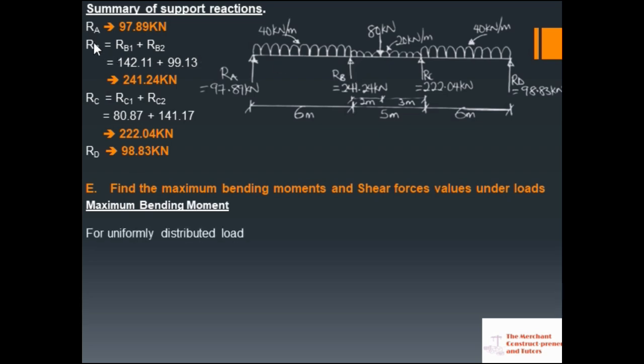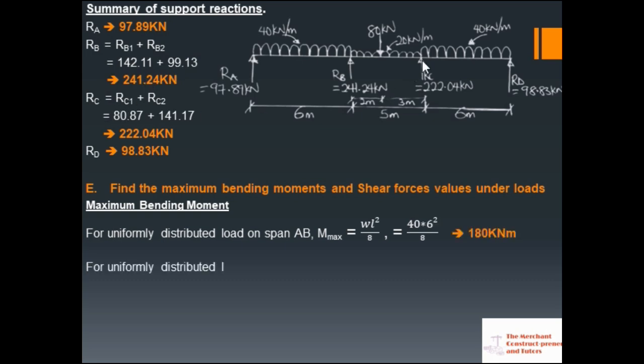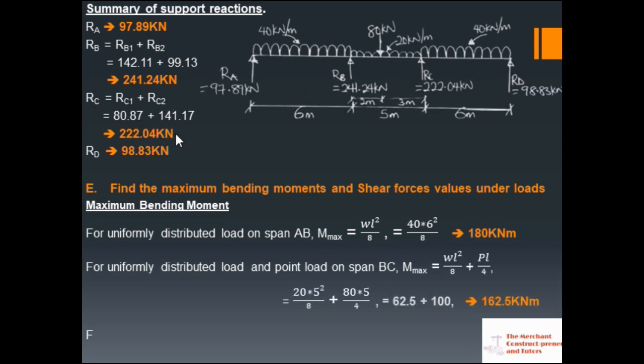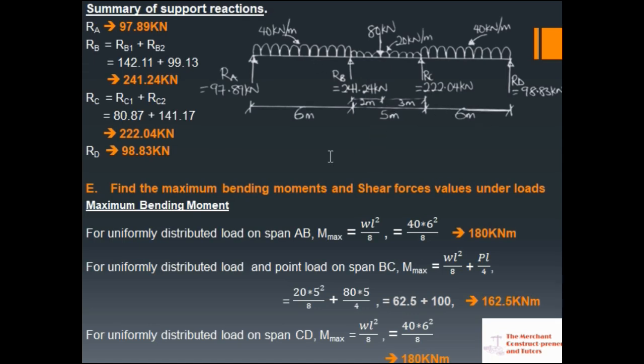So the reaction at B is RB1 plus RB2. RC, the same thing. RC1 is towards B, RC2 is towards D. You add both of them together, it gives you this 222.04 kN. Then RD, our reaction, we have it as this. So we express it in a free body diagram like this. So we are able to understand what we have done.